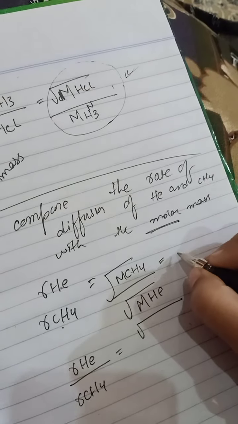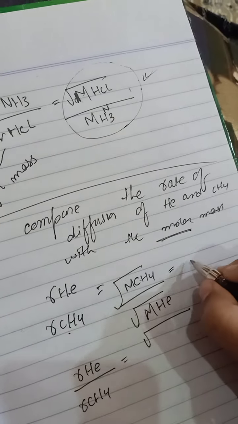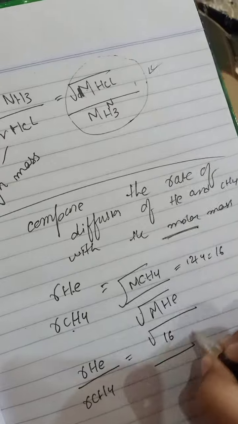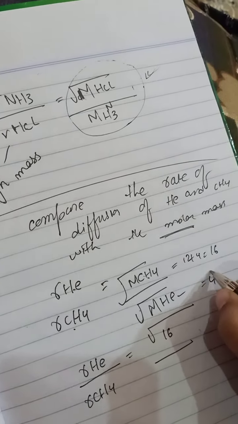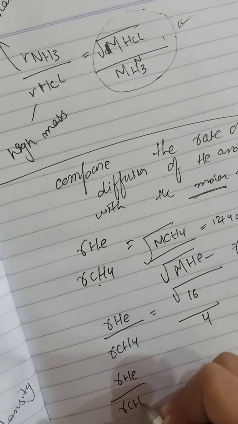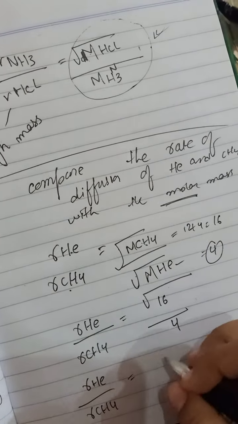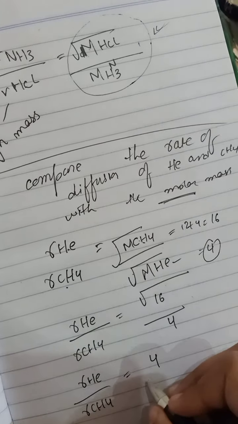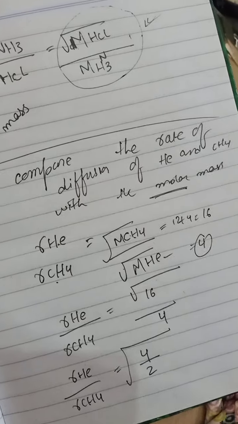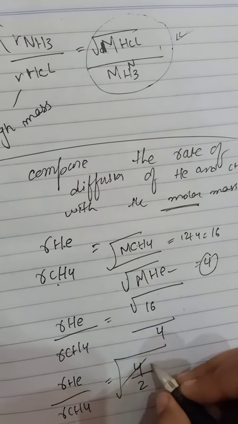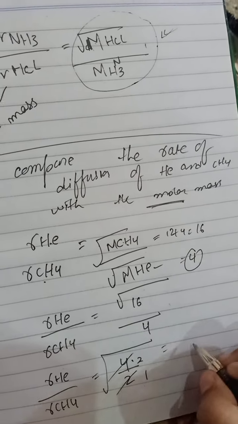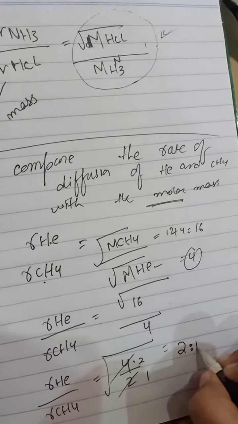The mass of methane is 16, carbon 12 and hydrogen 4. Helium is already known, this is 4. Taking the square root, 16 gives 4 and 4 gives 2. So the ratio between these two gases is 2:1.